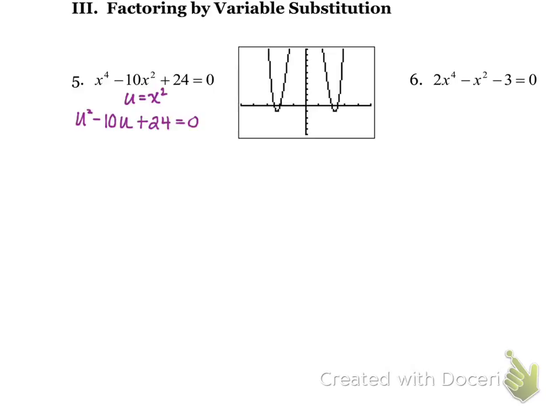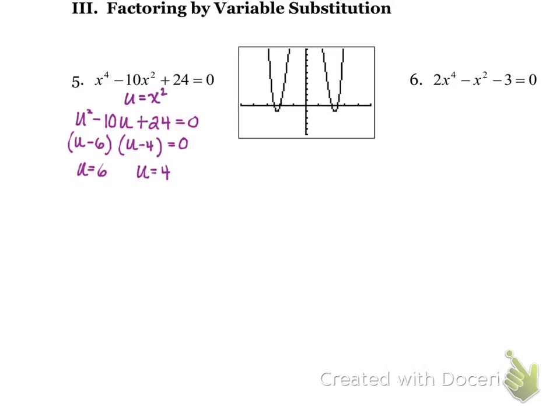What multiplies to give you 24 and adds to give you negative 10? Well, that would be negative 6 and negative 4. So if I solve this using the zero product property, I would have u equal to 6 and u equal to 4.